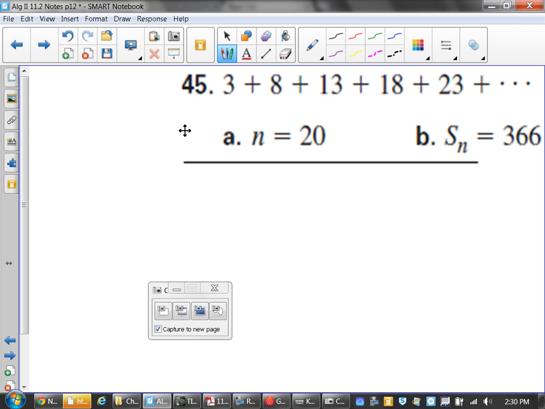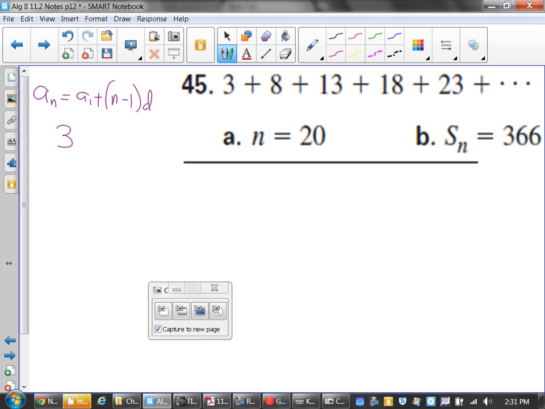Which means when I start with that problem, just like we did yesterday, I'm always going to start by writing out my nth rule, which means I'm going to write out the formula. A sub n is first term plus n minus 1 times my common difference. What's your first term? 3. What's your difference? 5. Very good.